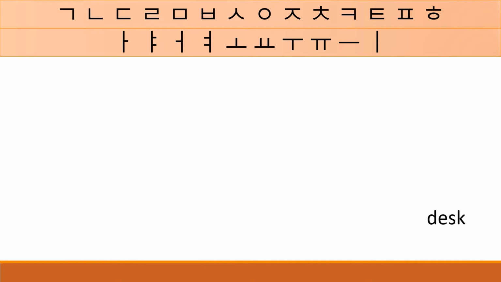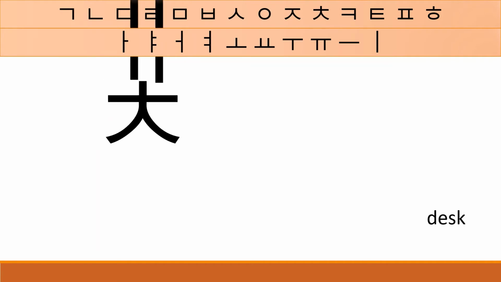Next is desk. In Korean, it is 책상. Together, 자, 책상. 자, I will speak slowly, each syllable. 책, 상. Together, 책상. 자, I will show the answer. 책, 치 plus 에.